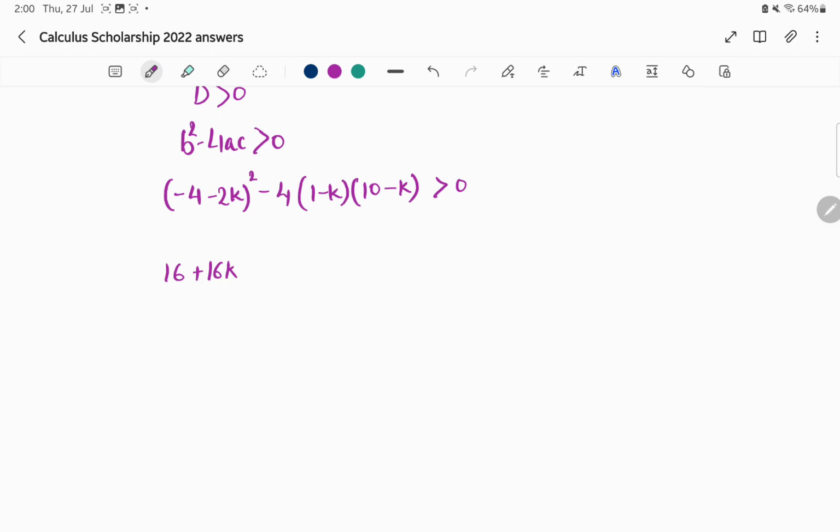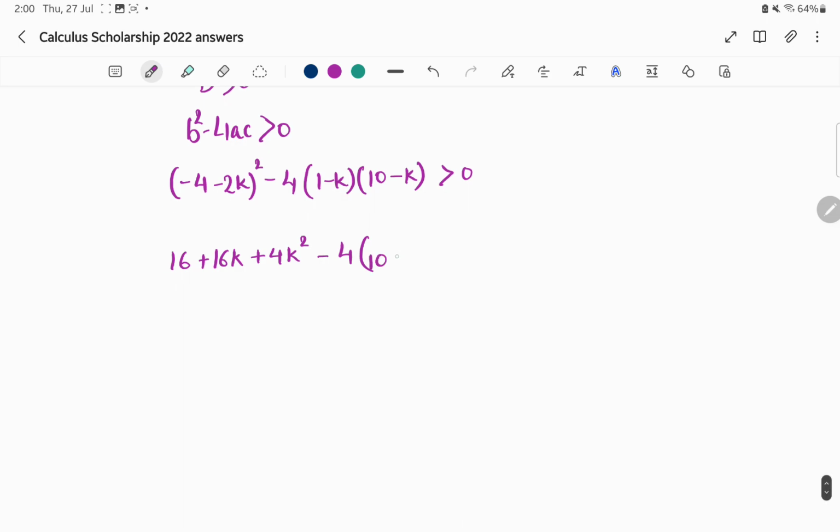It's going to become plus because there are two negatives, plus 4k squared, minus 4 times, let's open that bracket first, (1 minus k)(10 minus k), which is 10 minus k minus 10k plus k squared, greater than 0.